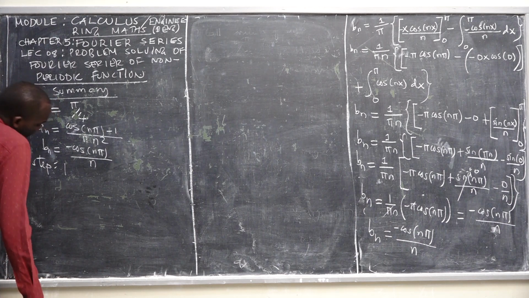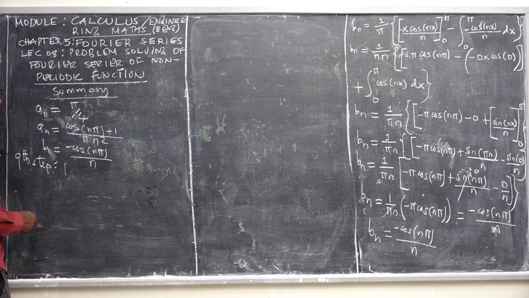Are we together? So the 9th step, it depends. Once you have these Fourier coefficients, you could find the first term, second term, and third term. So the 9th step, you can find the first term, second term, and third term of an, and the first term, second term, and third terms of bn.